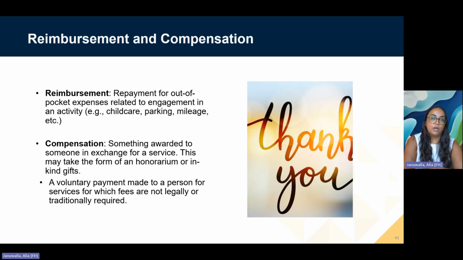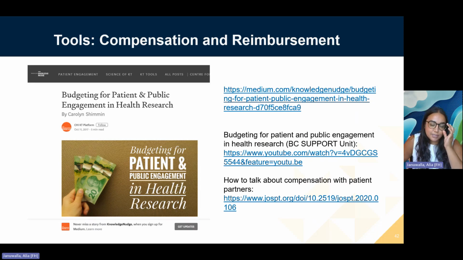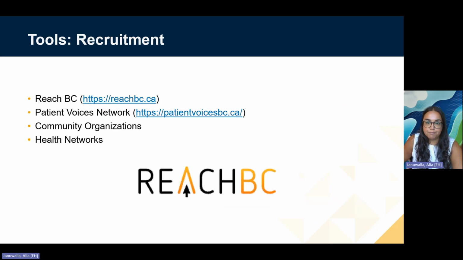And compensation is something awarded to someone in exchange for a service, and so this may take the form of an honorarium or in-kind gift. But it's typically used in thanking patient partners for their involvement with research. And so these are a few tools that can be used to support you in budgeting for patient and public engagement in health research.